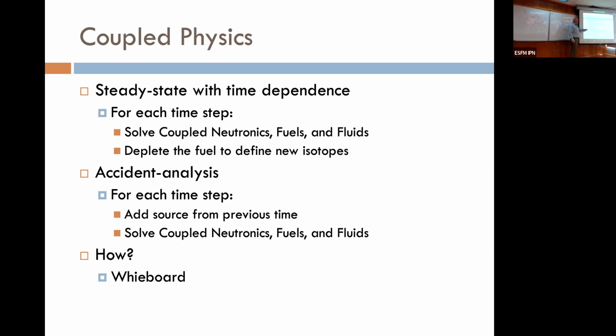If I do an accident type of problem, I have a loop over each time step. And when we discretize in time, we effectively add a source from the previous time. So to show you in transport terminology with operator notation, we have our (1/s) dψ/dt + Lψ = Q. We need to make some approximation for dψ/dt.